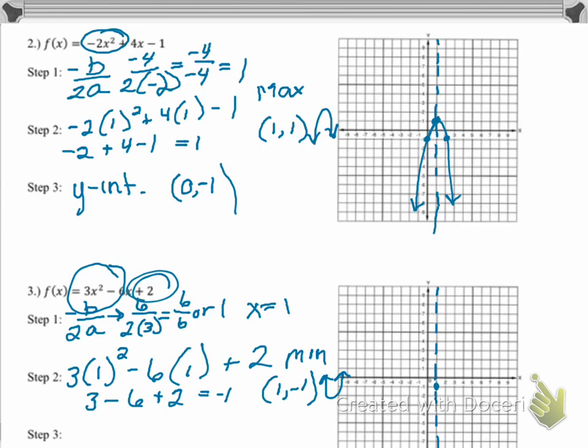Well, that's my c value, so my y-intercept is 2, or it's the point 0, 2. So I can go ahead and put a point there. So we go ahead and zoom up on the graph. So there's 0, 2. And again, I know that my parabola is symmetrical, so I'll go one more over in the opposite direction of that line of symmetry, and then go ahead and graph my curve.